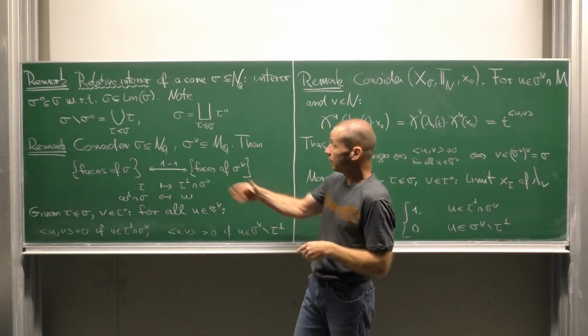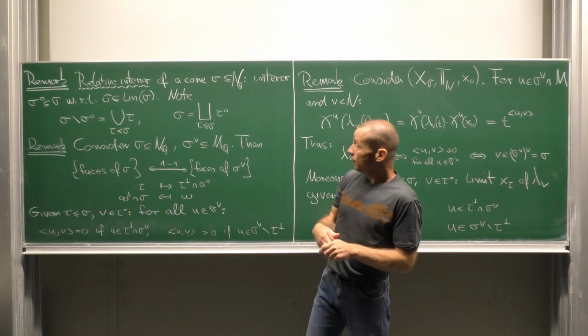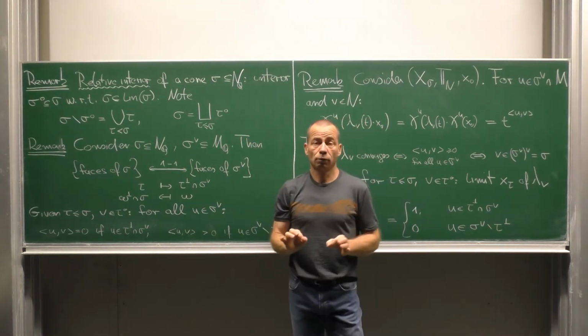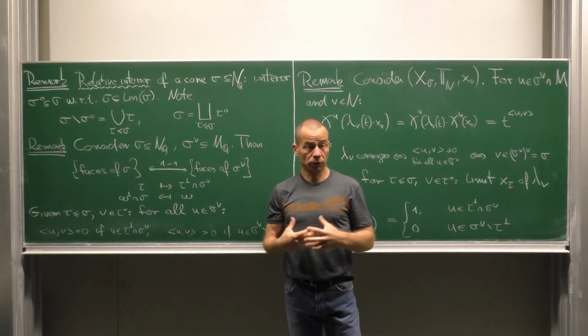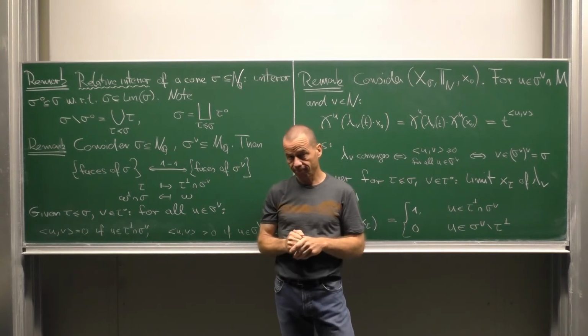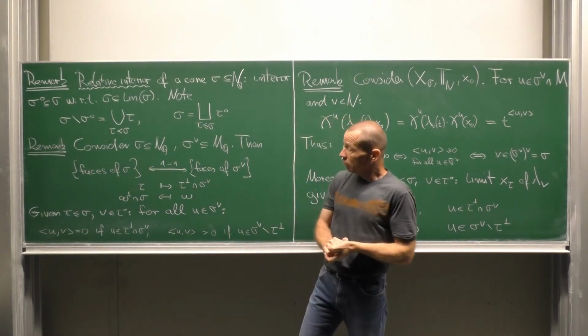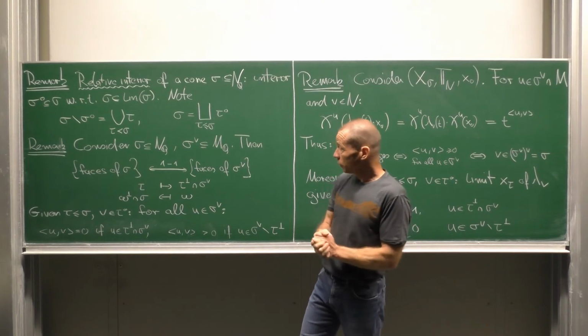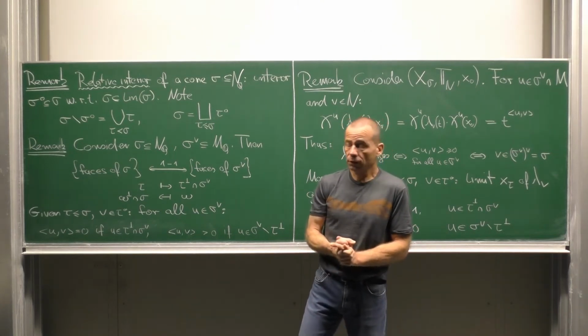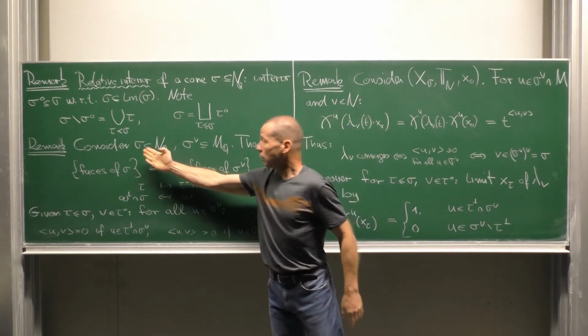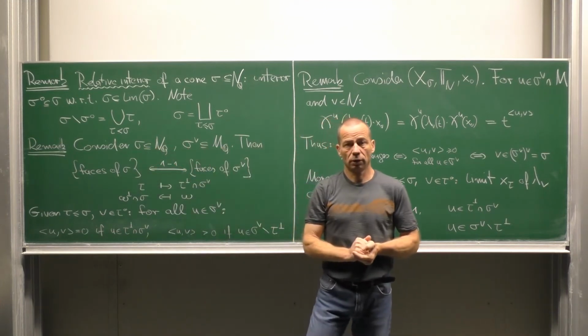The next is that the cone sigma is a disjoint union over all the relative interiors of its faces. The second thing from convex geometry is the face correspondence of a cone and its dual.